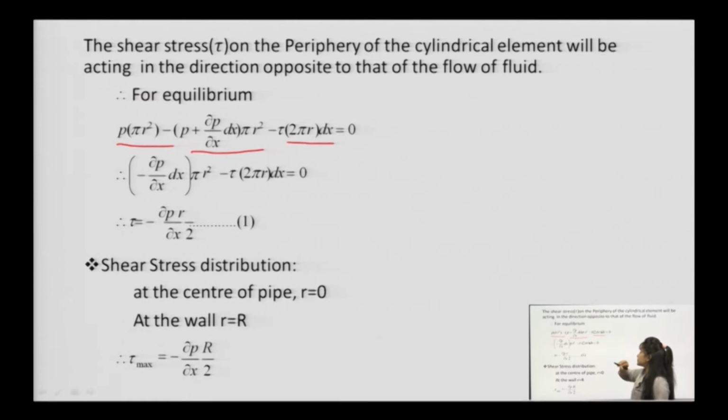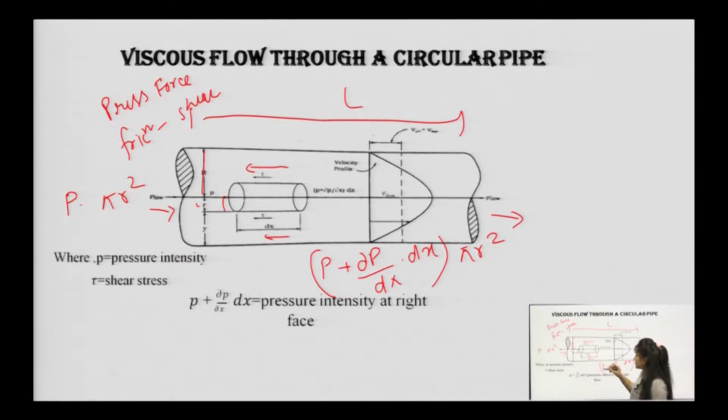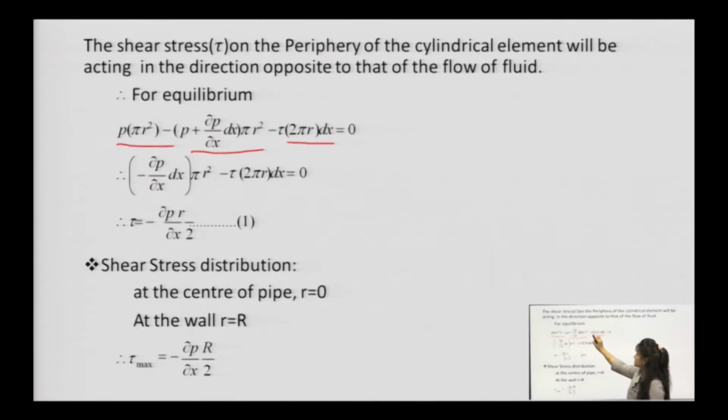Shear stress acts on the periphery, where the resultant length is 2 pi r, multiplied by the distance dx. So the force is shear stress into 2 pi r into L, which is the area, and hence you get the shear force.